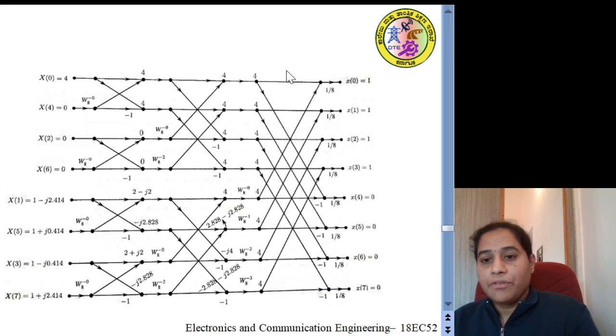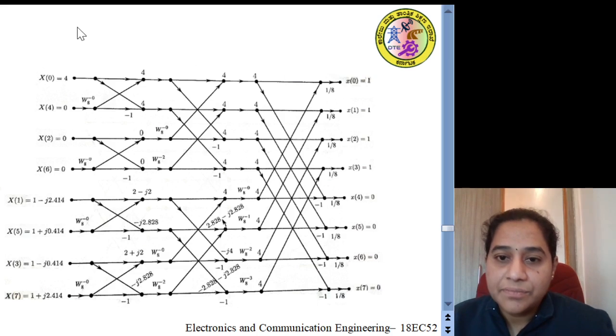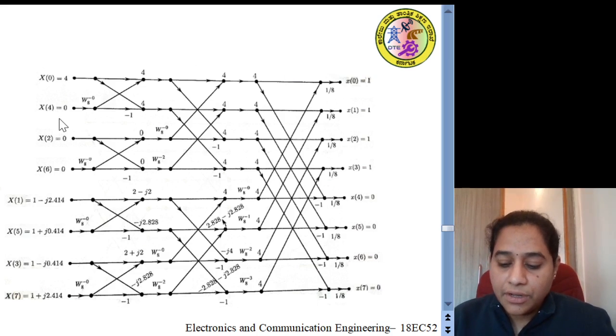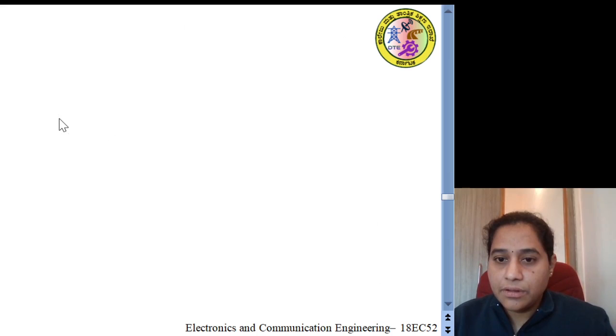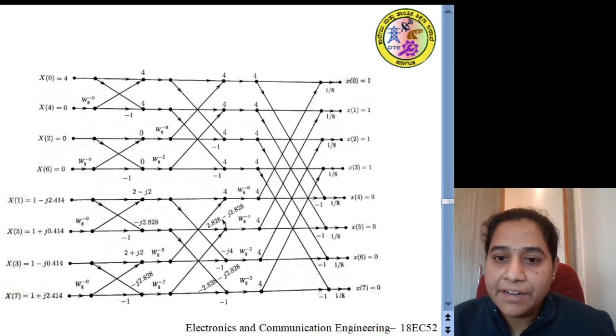So we can have here the input, we are taking in bit reversal order.